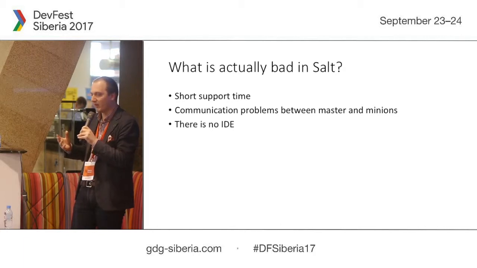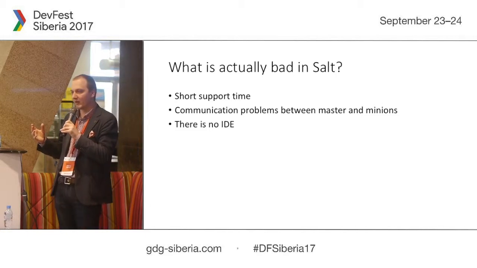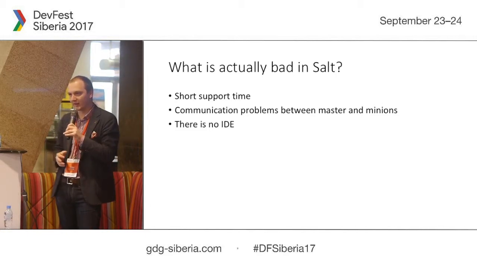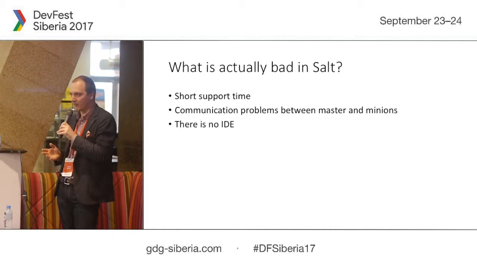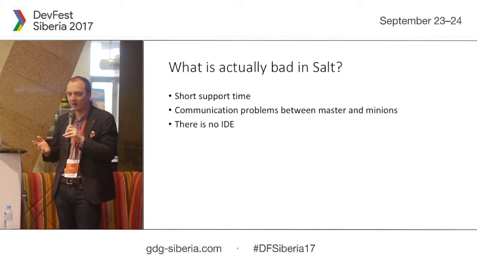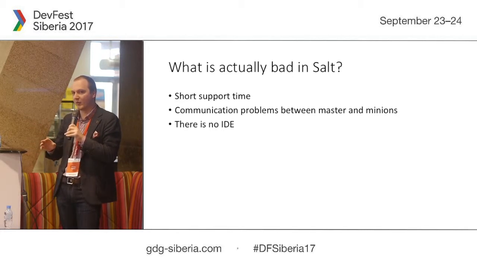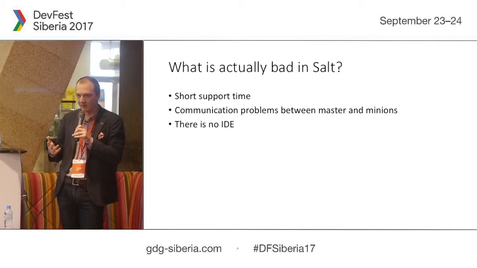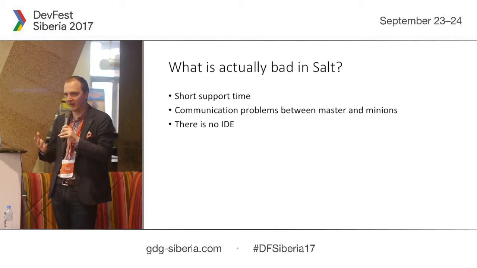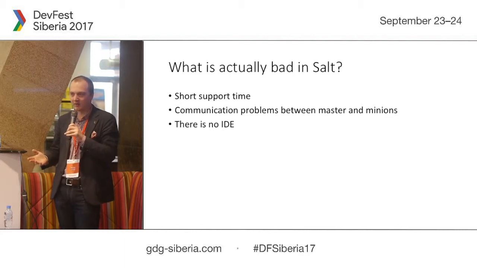A pillar will be rendered and collected for every minion in the execution flow. So, for example, if you want to set collectd for 100 minions with the same config, then you will get your pillar rendered 100 times, and this will be made on master, because the architecture of Salt is that pillar is not exposed to minions.